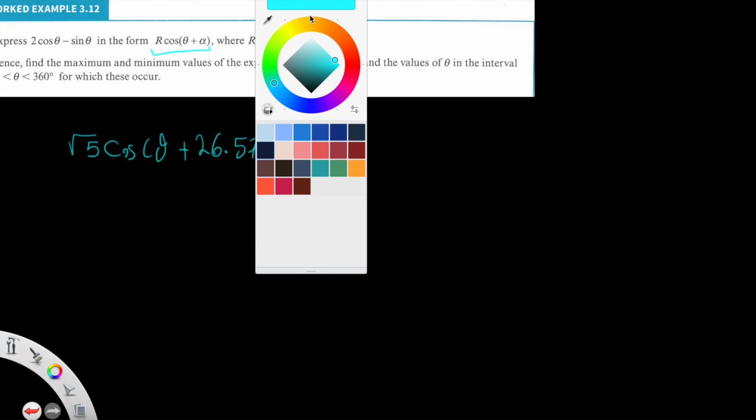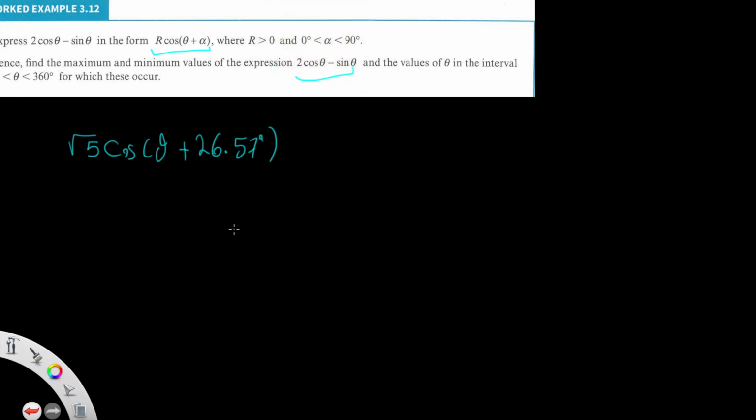Now, we know that cosine takes values between positive 1 and negative 1. So a maximum value will occur when this expression is 1. So maximum will be radical 5 actually.